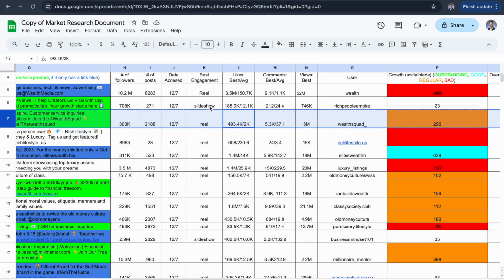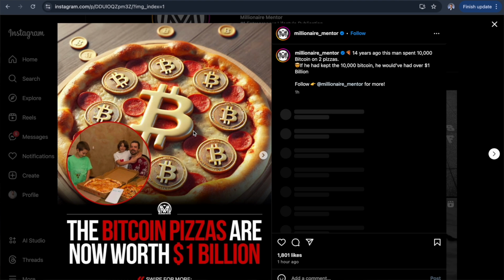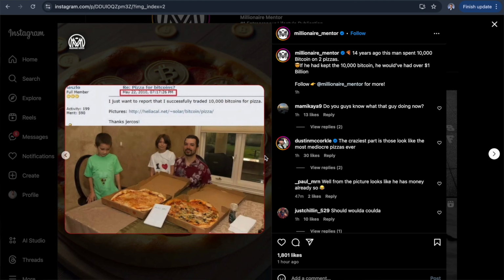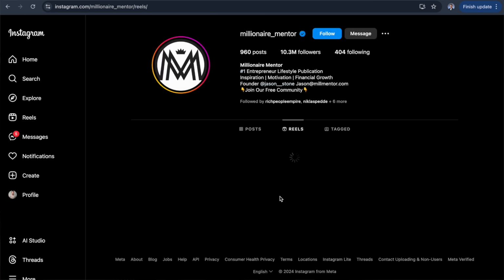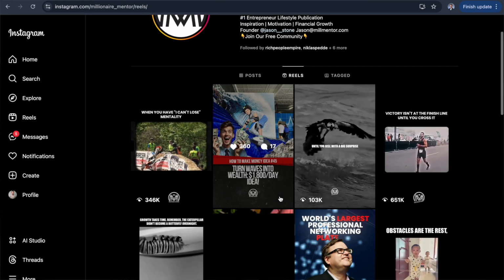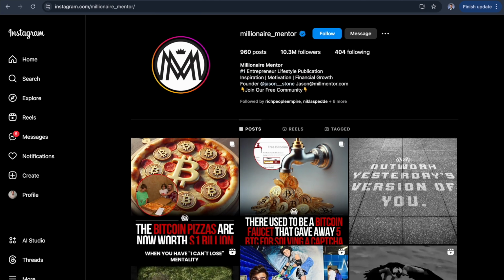And then some people put up slideshows, which is when you have multiple pictures. Let's see if we can go here. This is a slideshow, as you can see. Multiple pictures, only 2 pictures, but still. And then reels, we can just go to reels here, so it makes it easy. Great.